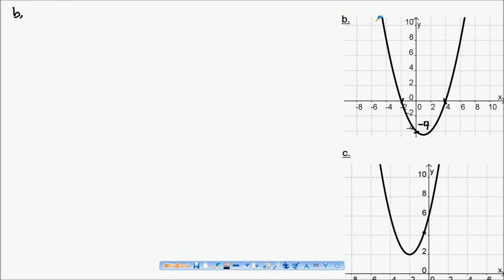First thing, because the parabola has this shape, the coefficient of x squared has to be a positive number, otherwise it will be the other shape.